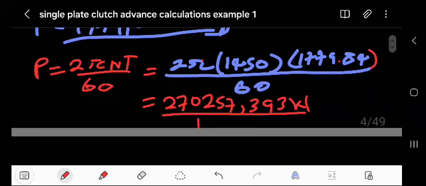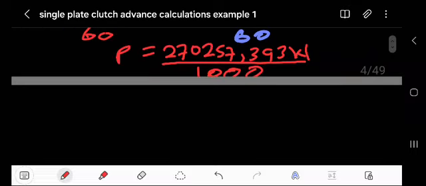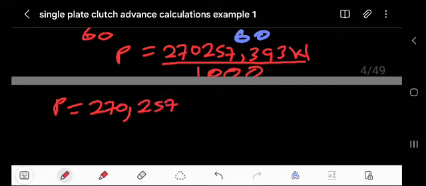If you like, you can divide this by 1000, then your power simply equals 270.257 kilowatts.